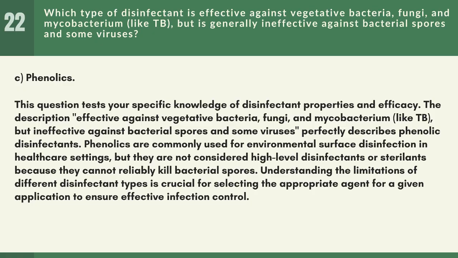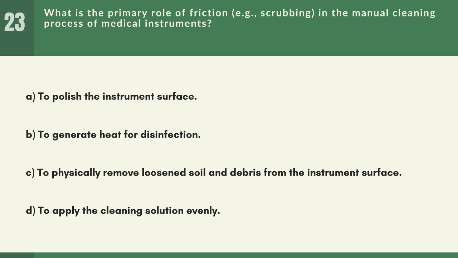Phenolics are commonly used for environmental surface disinfection in healthcare settings, but they are not considered high-level disinfectants or sterilants because they cannot reliably kill bacterial spores. Understanding the limitations of different disinfectant types is crucial for selecting the appropriate agent for a given application to ensure effective infection control.